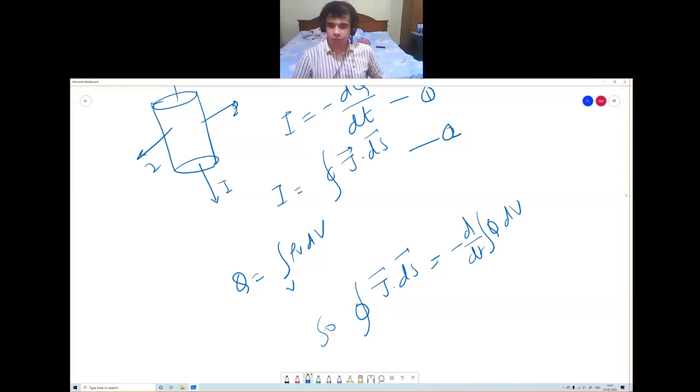But from the divergence theorem, what do we know? The volume integral of divergence of J dV is equal to the closed surface integral of J dS.